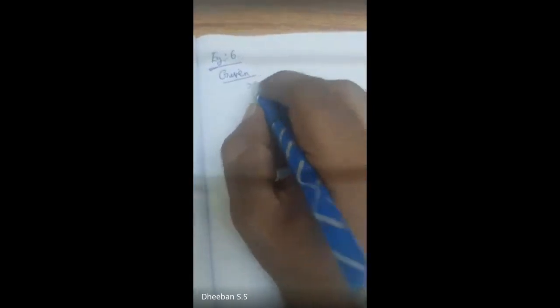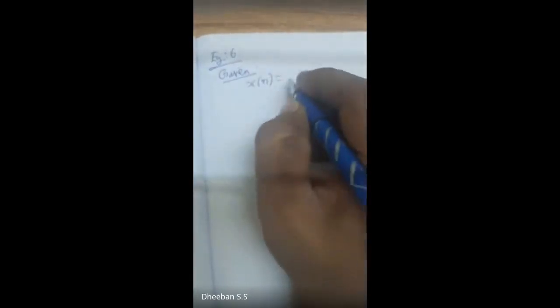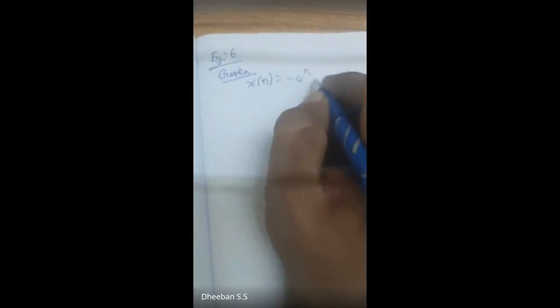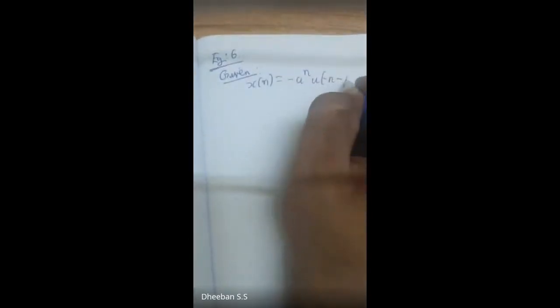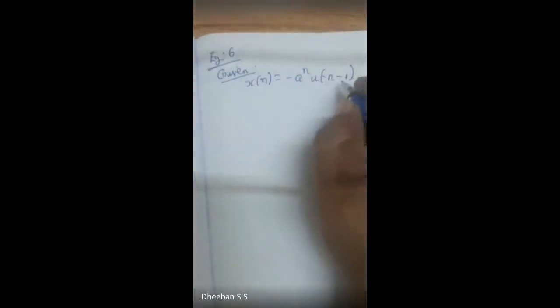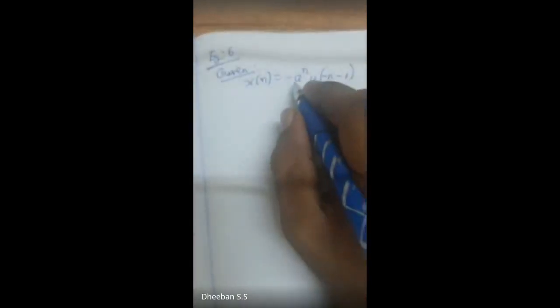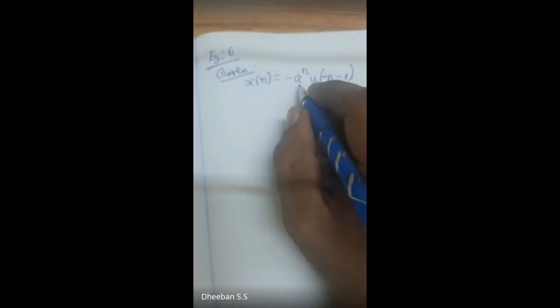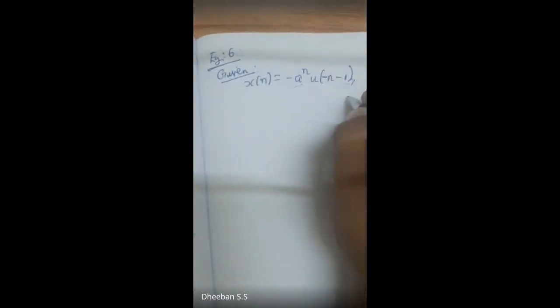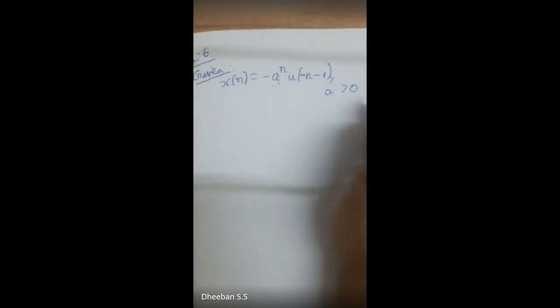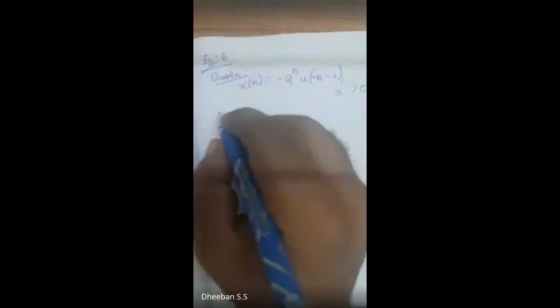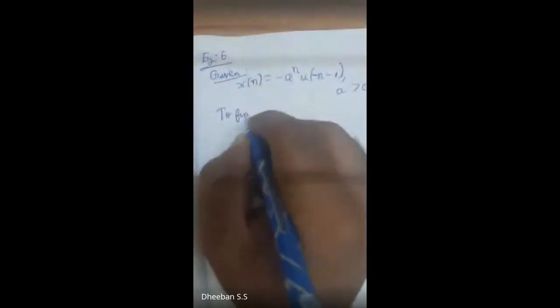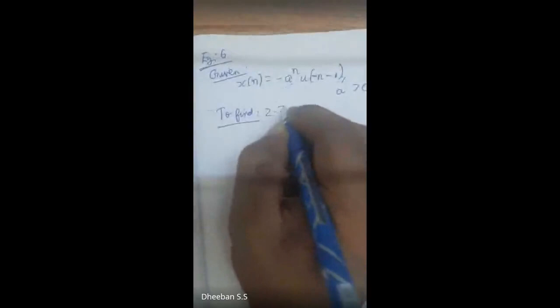Given x of n equal to minus a power n u of minus n minus 1. Here a is a constant, so you have to know the nature of this constant. The nature of the constant is given as a greater than 0. Find the Z transform.